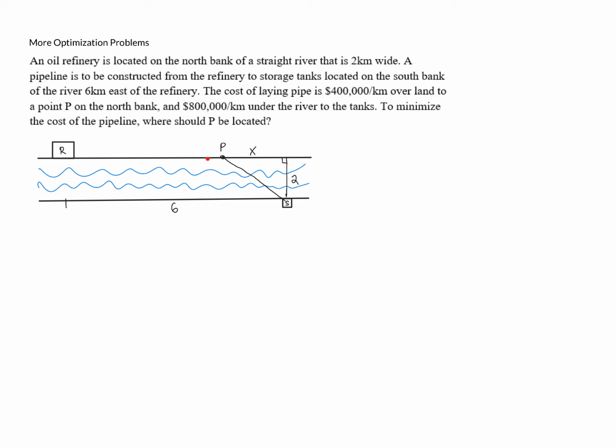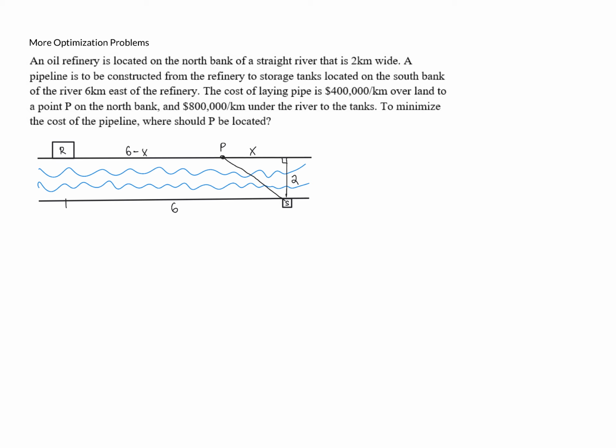So there are still a couple of things that we haven't labeled yet that are important. We need to know what this distance is. That's going to be how much length of pipeline is going over land. And if the whole distance is 6, but this bit is x, then this is the leftover bit, 6 minus x. And then we also need to know this diagonal, the hypotenuse of this right triangle, because that's going to be the length of the pipe that's going underwater. And we can use the Pythagorean theorem here.